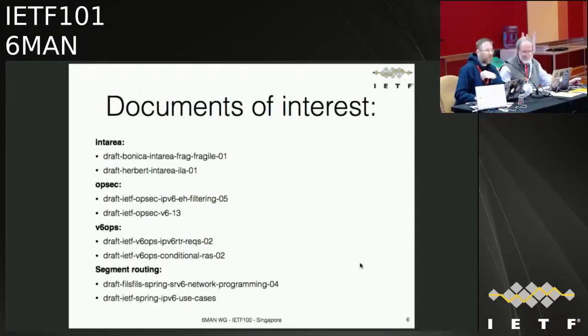So those were the documents we're currently working on. There are a few adjacent working groups working on documents that we would like you to take a look at. The Internet area has a fragmentation recommendations document that was also presented in v6ops this morning, but I will be in Int area just after this session. Go, Eric.